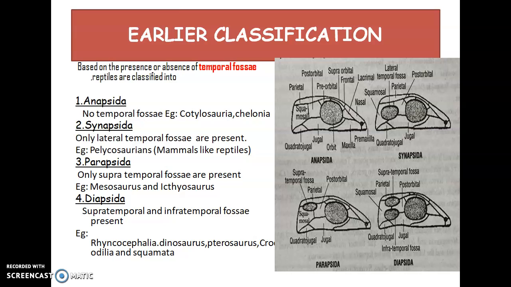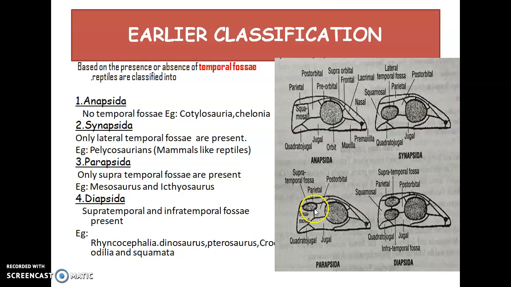Then comes Parapsida. Parapsida means the temporal fossa is generally found just superior to the lateral region, that is, supratemporal fossae are present. If you consider these 2 skulls, you can see that the temporal fossa is found on this lateral side, while the supratemporal fossa is found just above the lateral region.